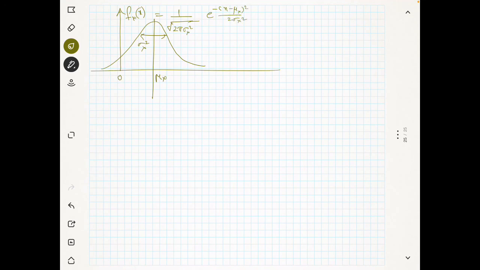Now you know that the distribution function is nothing but the cumulative distribution function, which we can call the capital PDF. F x of x is the probability that x takes a value less than or equal to x. That means to find the probability from the density function, you have to integrate your density function.